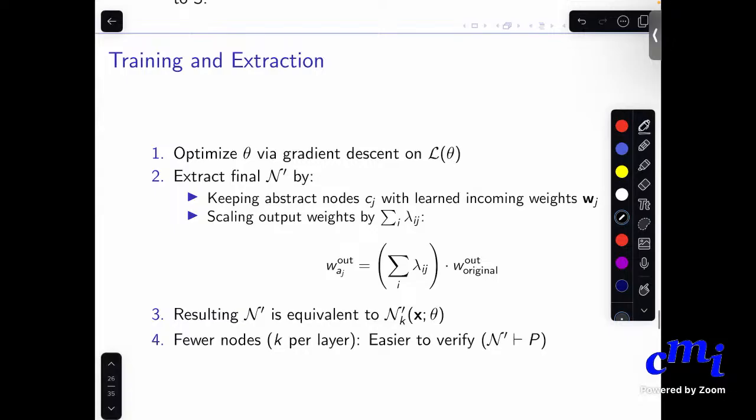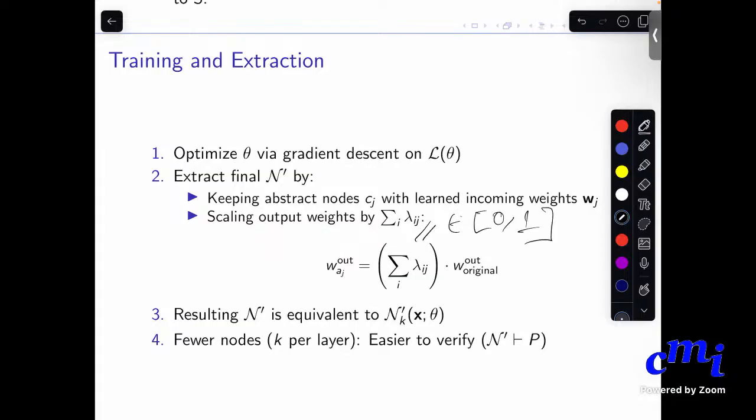What happens is we are making the summation. Ultimately we have k nodes in one layer, right? We are keeping the input weight as it was, but the output weight is scaled by the summation of this thing, which is in the range of 0 to 1.